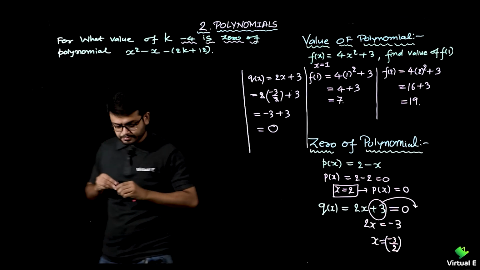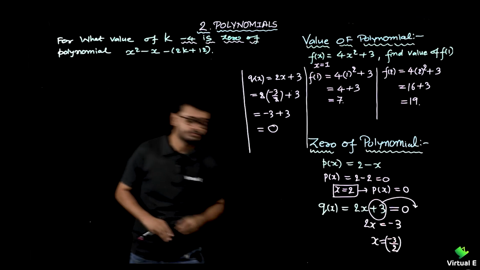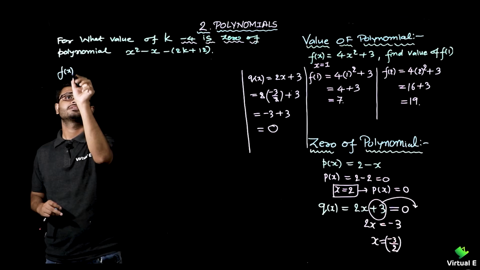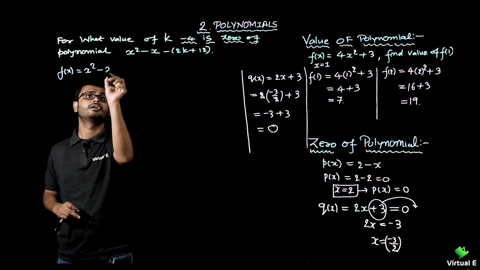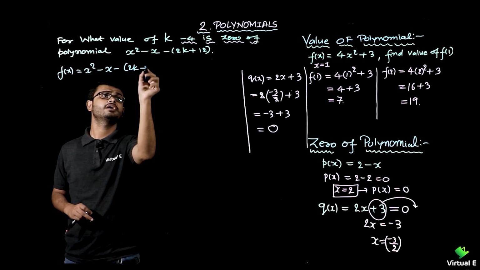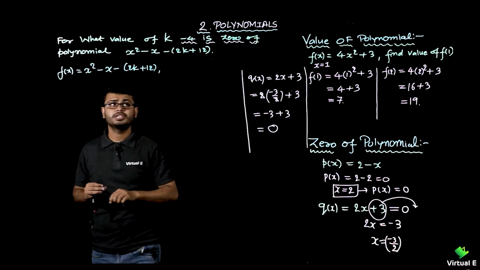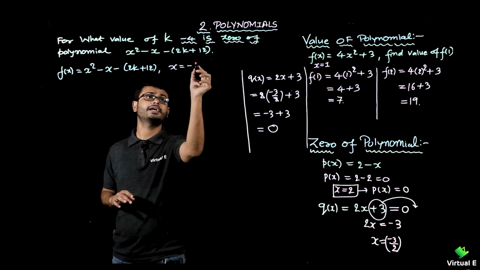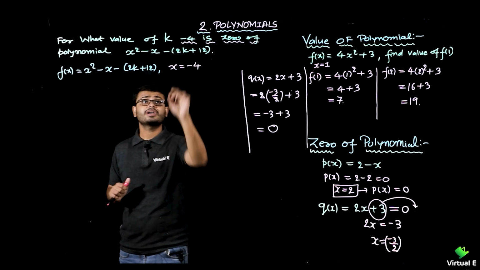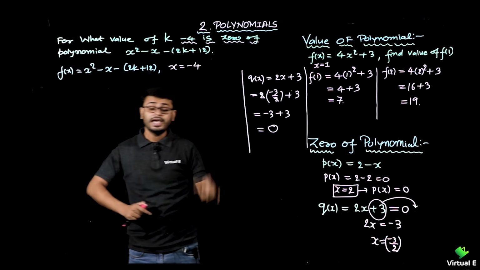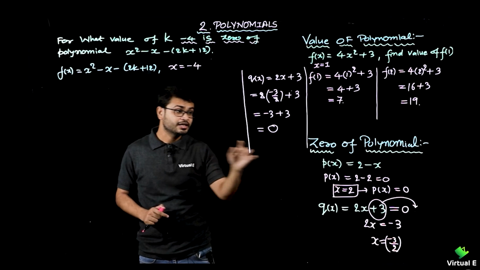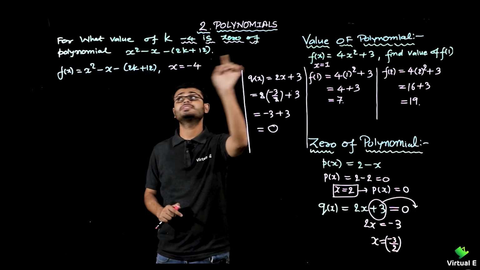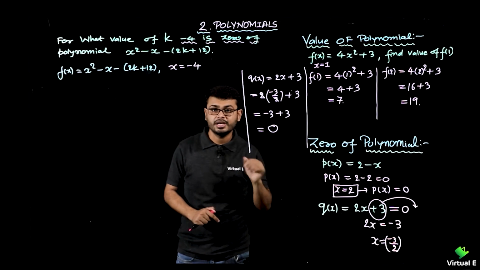So let f(x) = x² - x - (2k + 12), and the zero is x = -4. I will substitute this value over here, and the value I get in return is 0, because it is given that -4 is a zero of this polynomial.